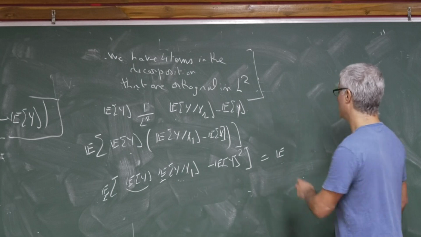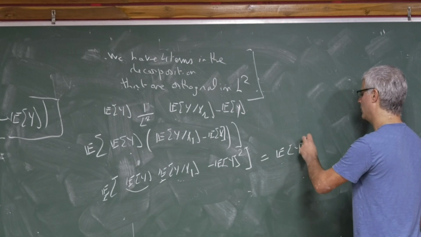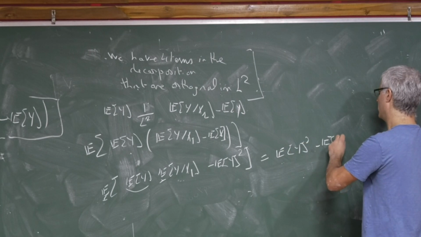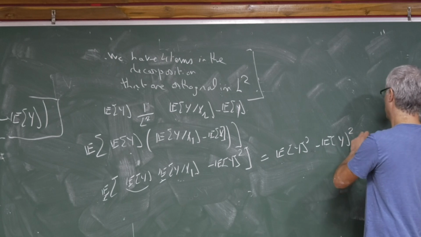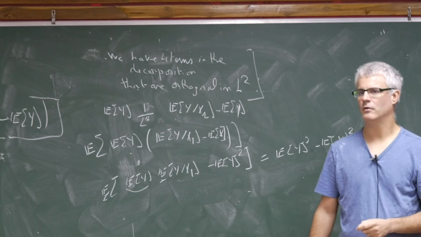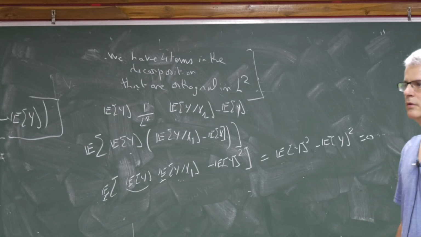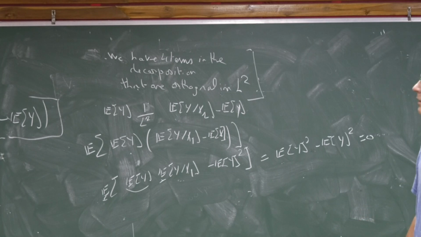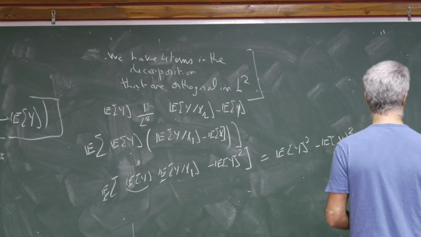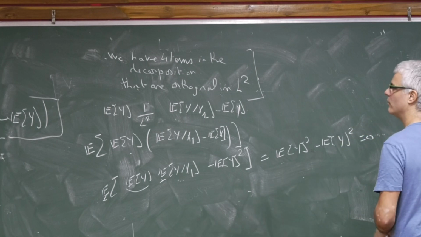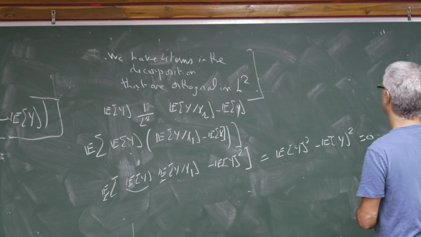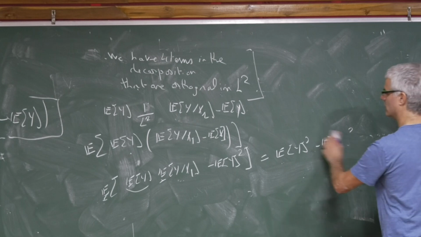So here again, you will find E of y square minus E of y square, which is equal to 0. Maybe I can do another one, but I won't do all the computation because they are all the same.